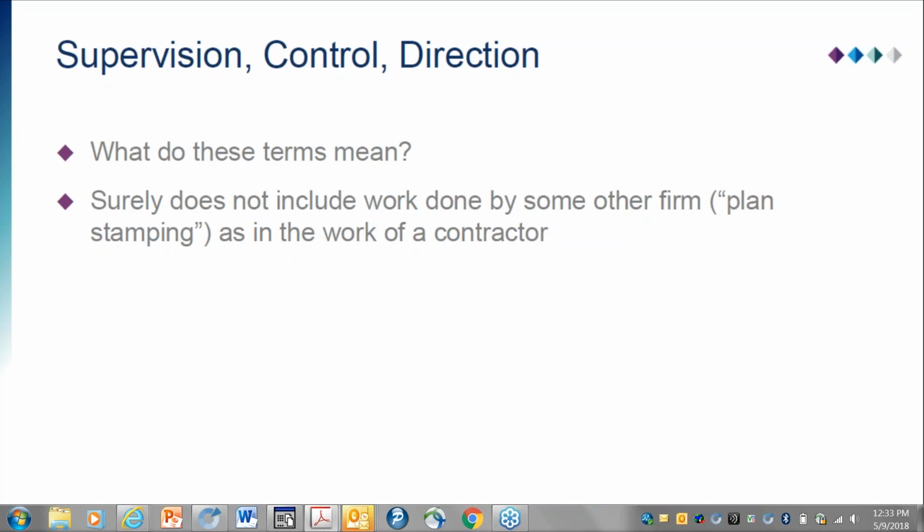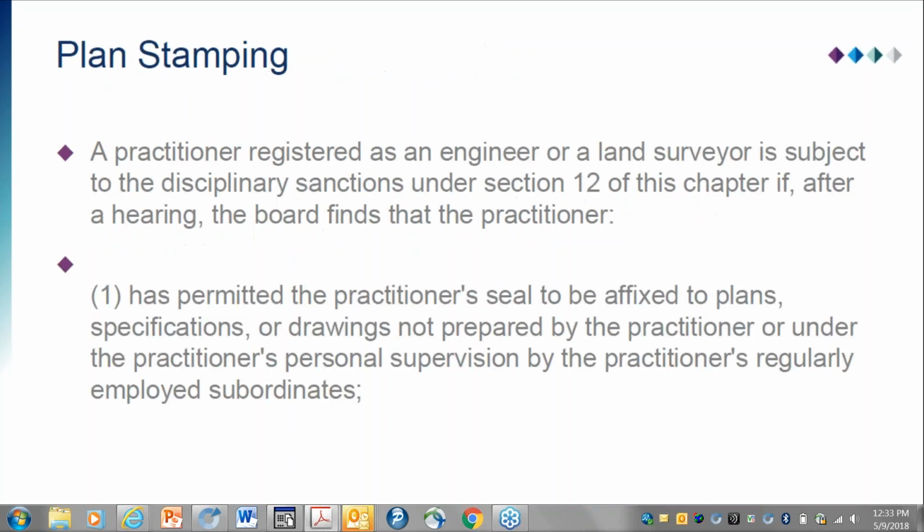It's sort of understood: well, it means what you think it means, you might say. But certainly, plan stamping in every state, you can bank on this, is not going to be permitted if you've put your seal on drawings not prepared by the practitioner or under your personal supervision by your regularly employed subordinates.